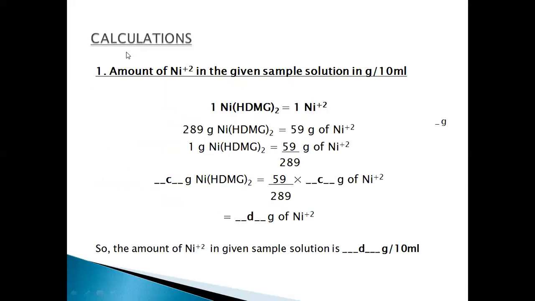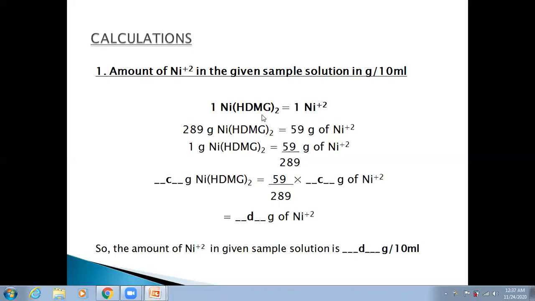Now calculations. The first objective is to calculate the amount of nickel in the given sample solution in gram per 10 ml. From the chemical equation, we know that 1 mole of nickel DMG complex is equal to 1 mole of nickel. This is actually the mole ratio between nickel DMG complex and nickel. Now, by definition, mole is the gram atomic mass, gram molecular mass, or gram formula mass of an atom, ion, or molecule under consideration.